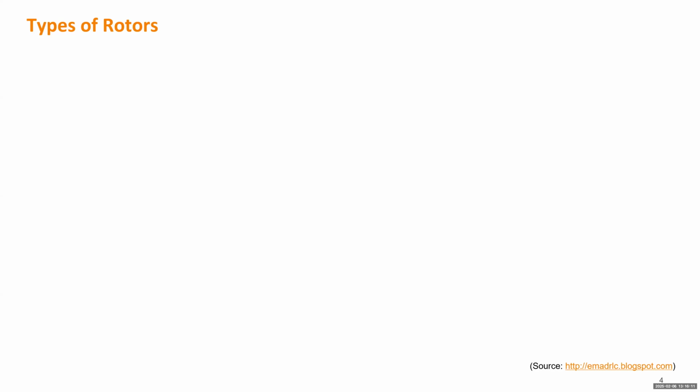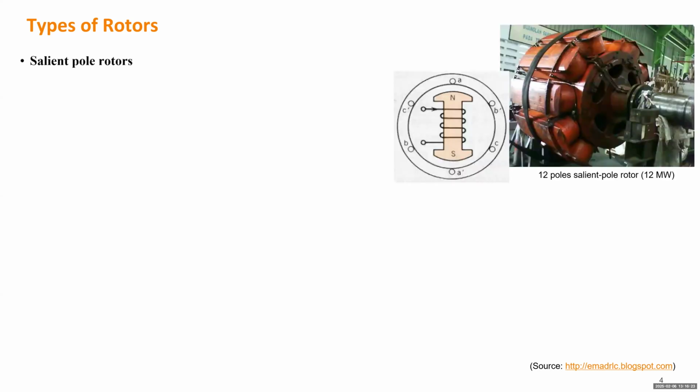So let's show some pictures of the two types of rotors, and we can explain how they are going to be utilized in real-world generators. For the salient pole rotor generator, this picture shows a salient pole rotor, which has not been installed into the stator, but you can tell it has 12 poles, compared to the earlier picture with only 2 poles.